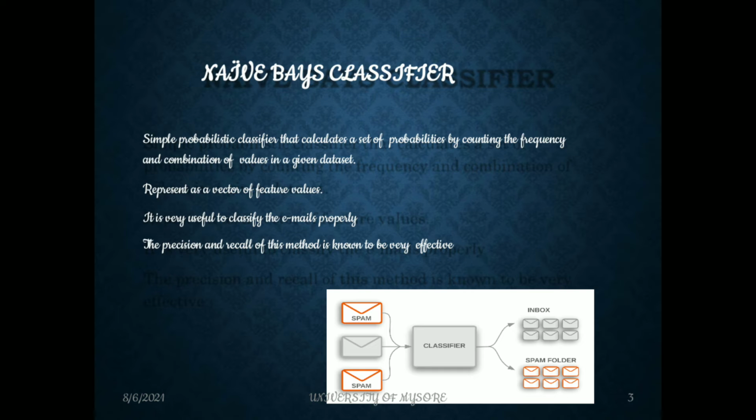The precision and recall of this method are known to be very effective. This is an algorithm we can use to classify emails into spam emails and non-spam emails.